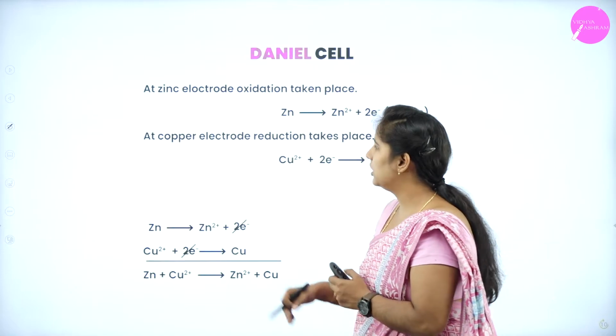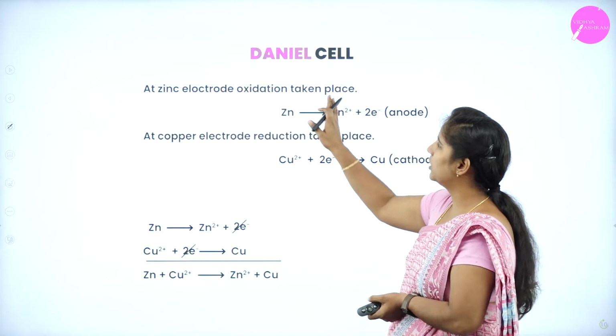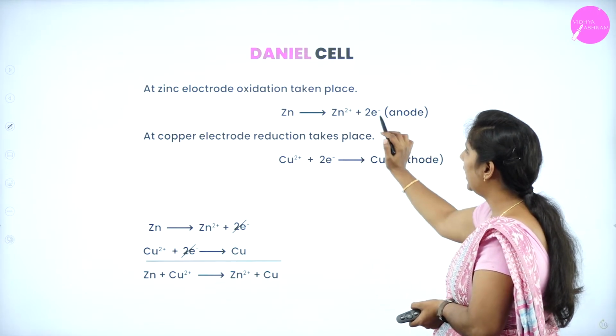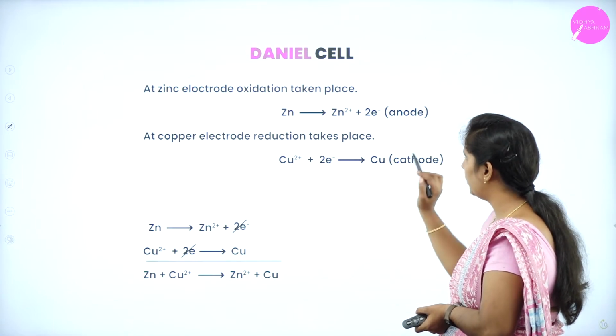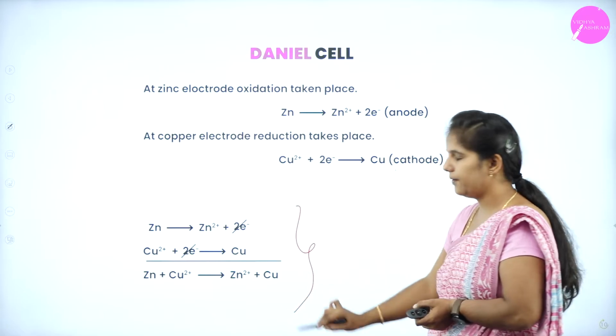The same reaction which I have written here, you can see that the zinc electrode undergoes oxidation, where the zinc loses its 2 electrons at the anode and these 2 electrons are accepted by the copper and get reduced to copper. The entire cell equation I have also written here.